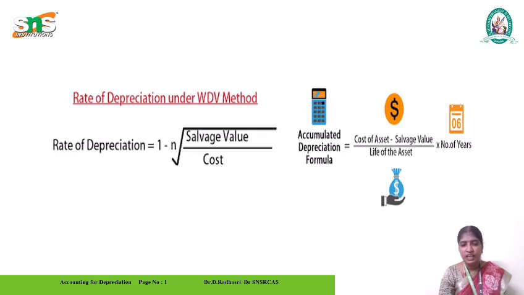In that way, when we finally sell the product to another person, we can know whether we are selling at a profit or loss. For that reason we use the written down value method to calculate the depreciation in a proper way.